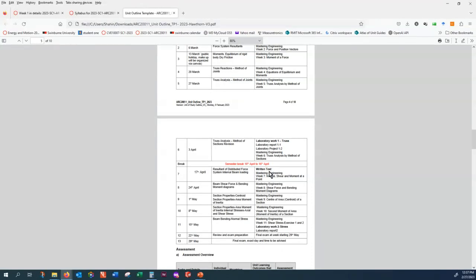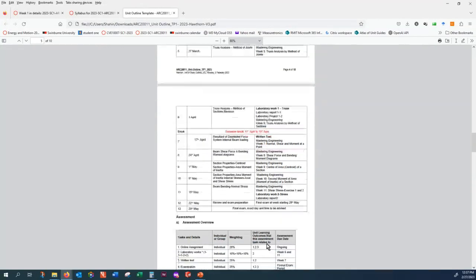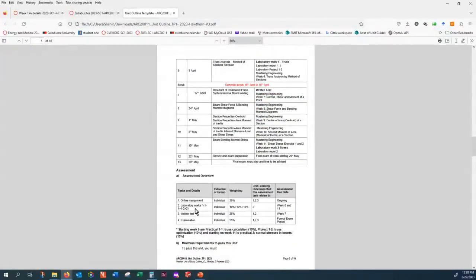Your mid-semester test is in week 7. And your laboratory work 2 is in week 11. Your final exam would be in week 13. So here there will be 3 components of laboratory: 1, 2, 3. And this 30% is a significant change in the subject.